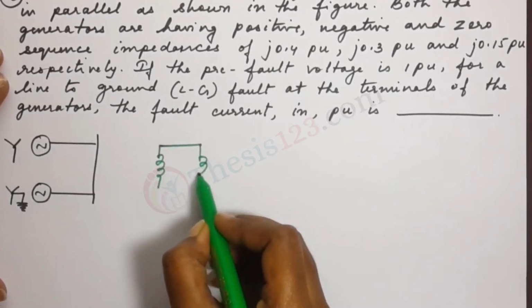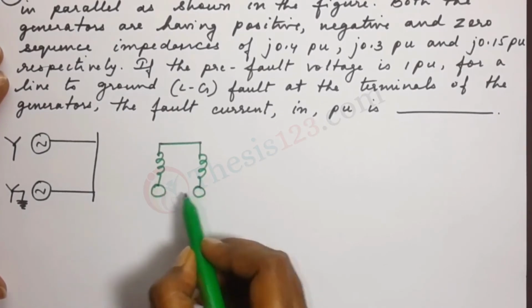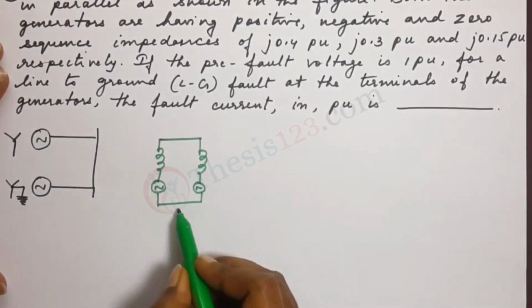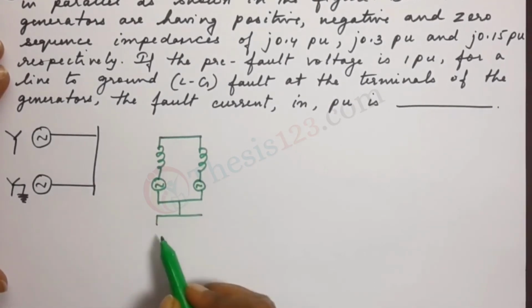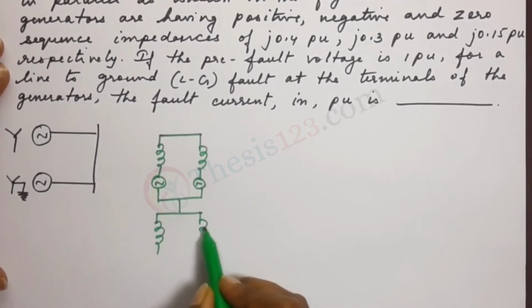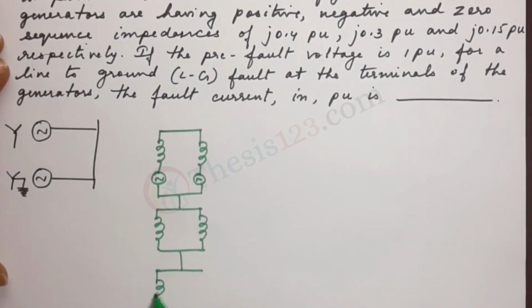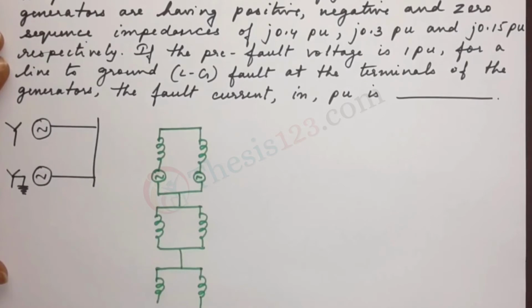So we have the two generators here with the positive sequence, and then we have the negative sequence impedance, and then we have the zero sequence impedance.